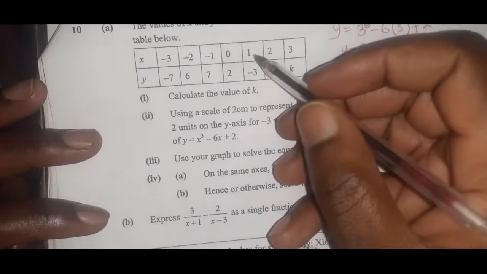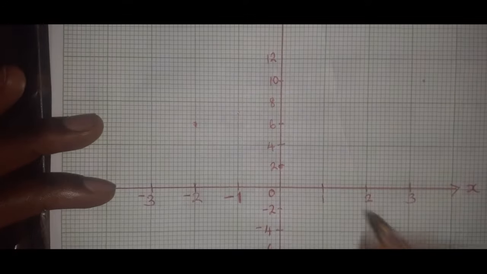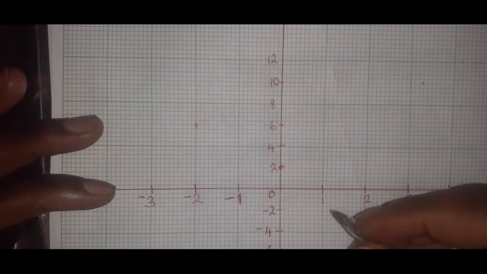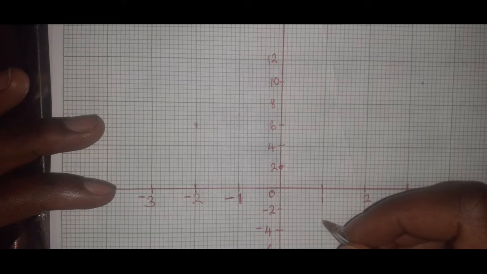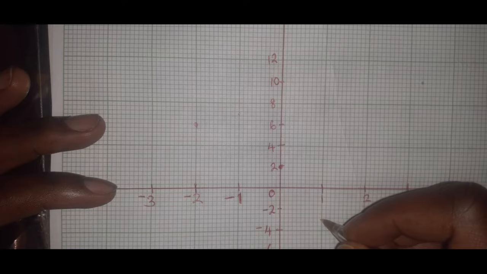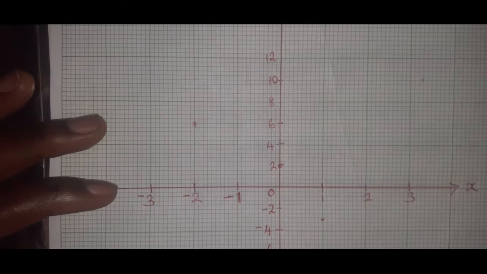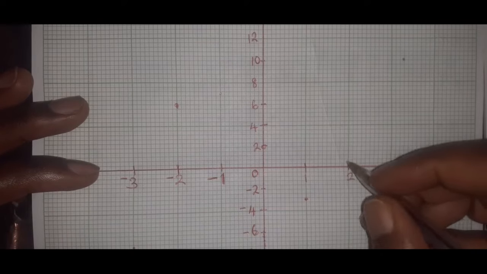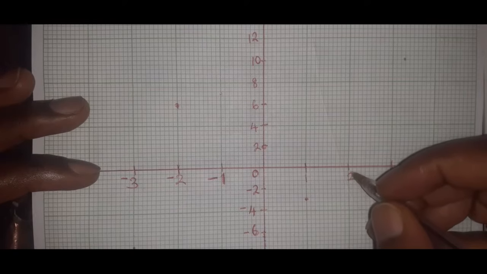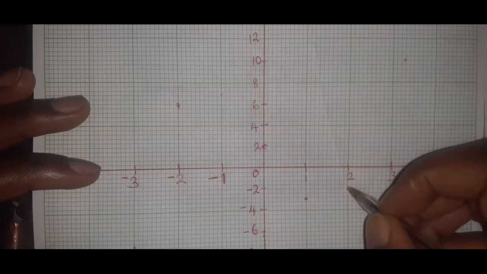Then 1, negative 3. So this is negative 2. So negative 3 will be here. And then we have 2, negative 2. 2, negative 2 is here.